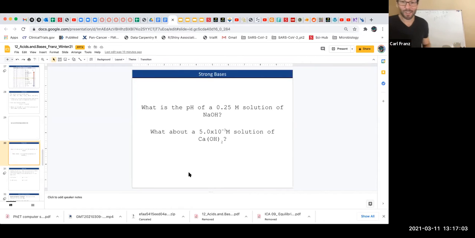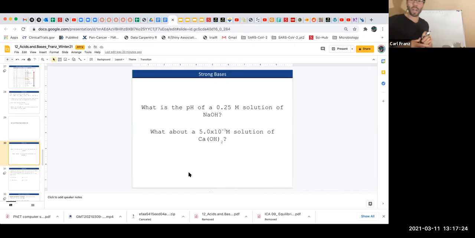How would we do that? So we've got our pOH now equal to the negative log of 5.0 times 10 to the negative 3.